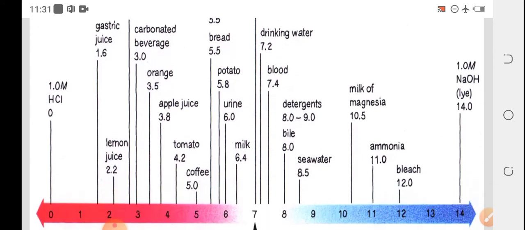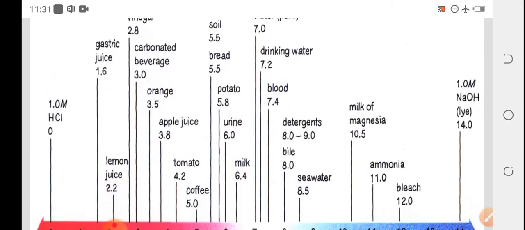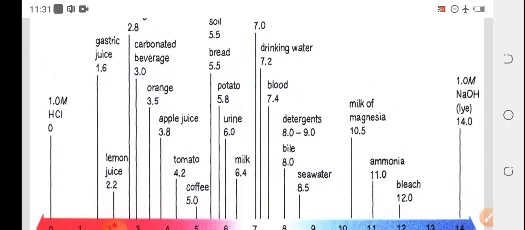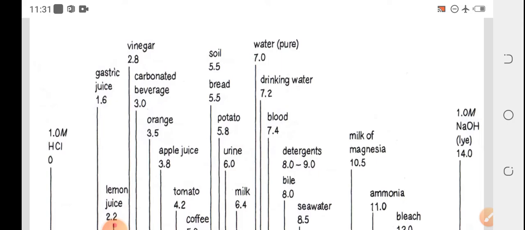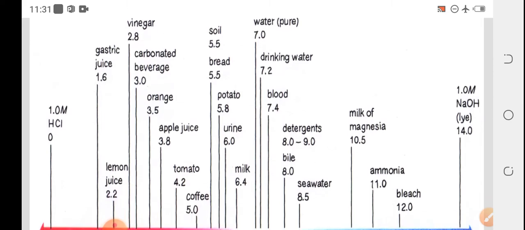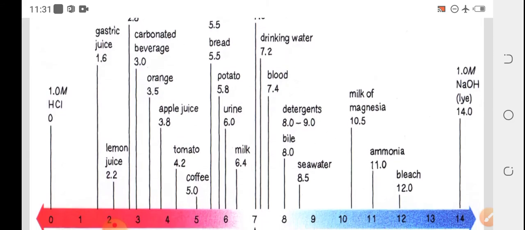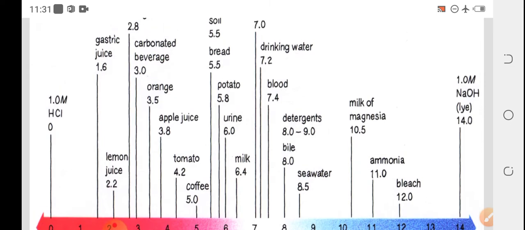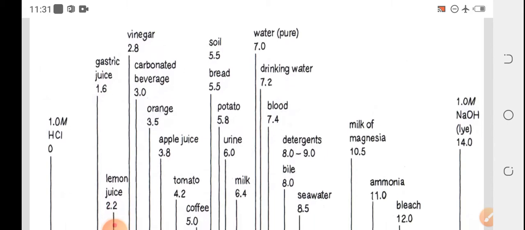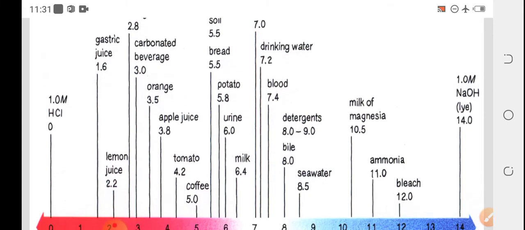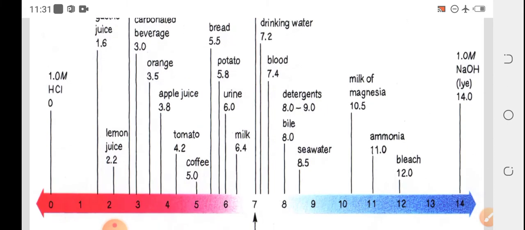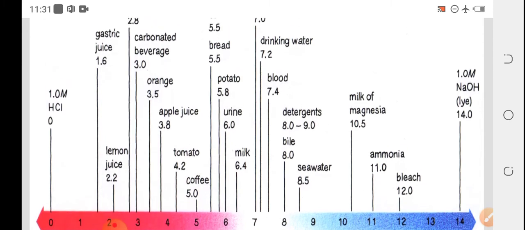You can see here HCl is hydrochloric acid, gastric juice is acid, lemon juice is acid, vinegar is acid, carbonated drinks, that means the soda beverages, are acid, oranges are acid, apple juice is acid, tomato is acid, coffee is also acid, bread, soil is also acid, potato is also acid, urine is also acid, milk, the drinking one, is also acid.